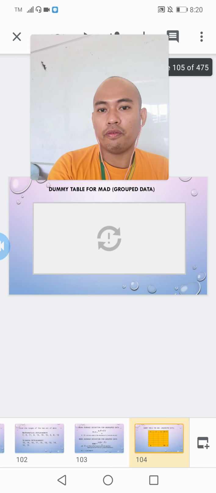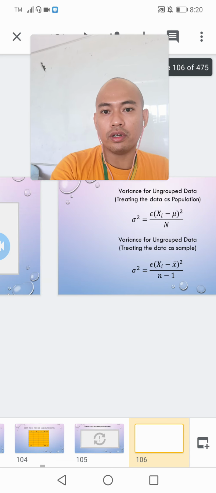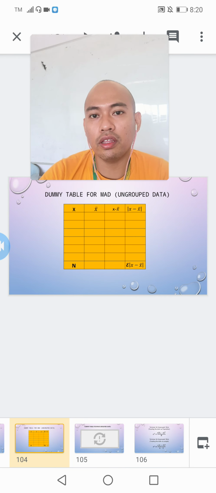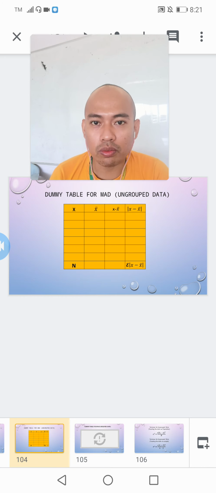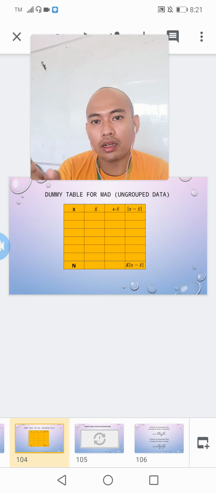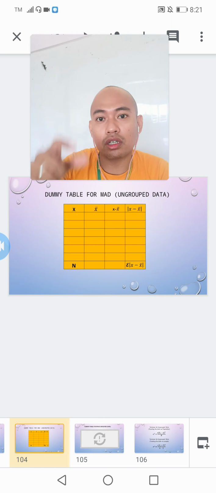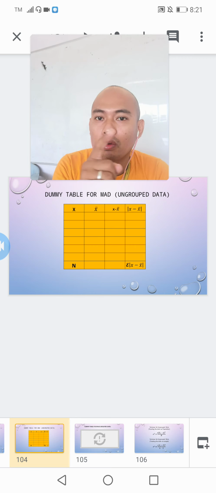Now for grouped data, we will be having intervals and frequency, and we need to identify the class mark. The class mark will serve as your x. We will compute for the mean, then subtract the mean from the class mark.